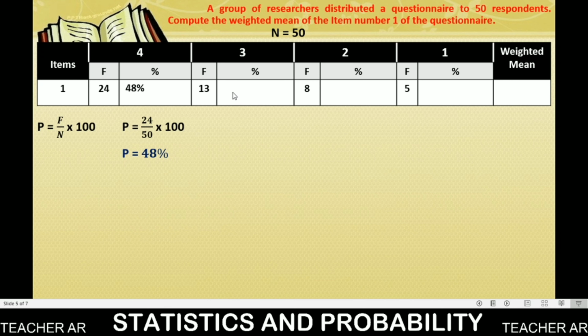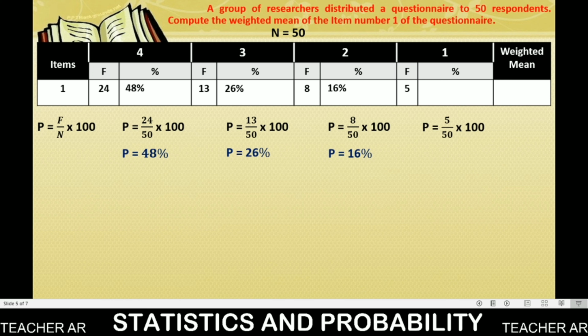Then doing the same method, 13 divided by 50 times 100, our percent is 26%. And the same process, 8 divided by 50 times 100, the result is 16%. And 5 divided by 50 times 100, the result is 10%.